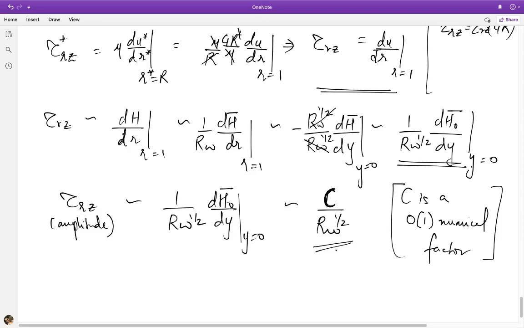This sort of scaling remains true even if I change the geometry of the problem, as you can convince yourself by thinking through the steps that we adopted. None of them would really change, other than the fact that the length scale inside R omega won't be the radius of the pipe, but some other appropriate length scale for the channel. So you can see it really retains utility and remains a powerful method, even for those cases where we may not be able to solve the final problem for the perturbed solution analytically.